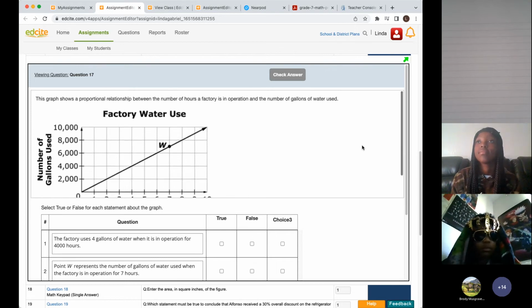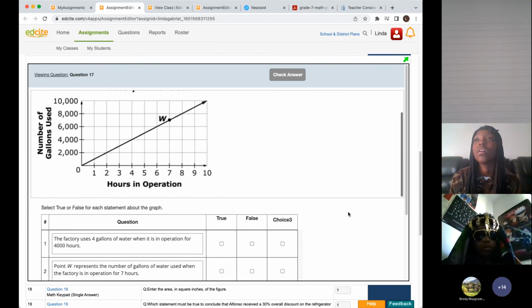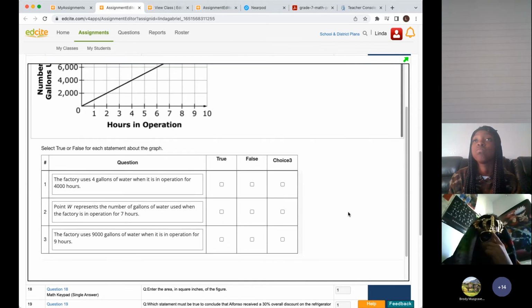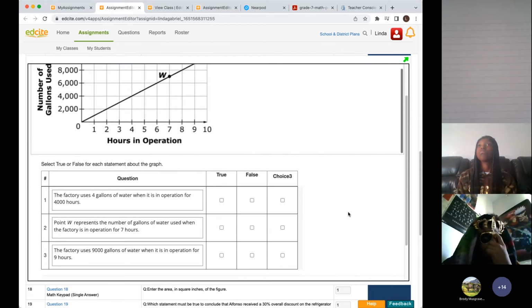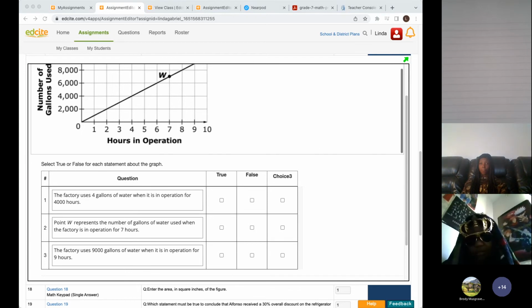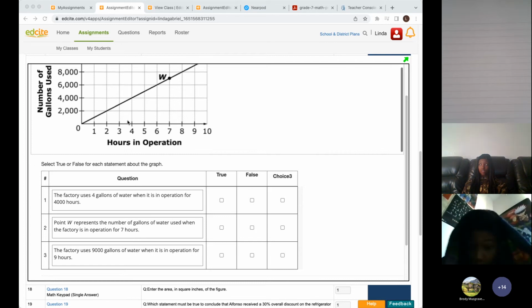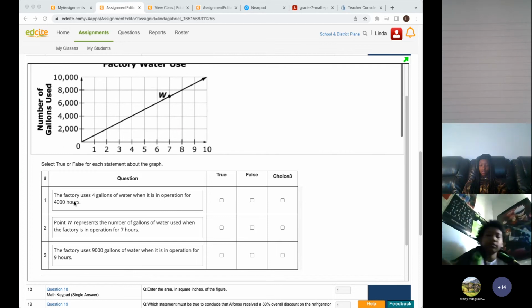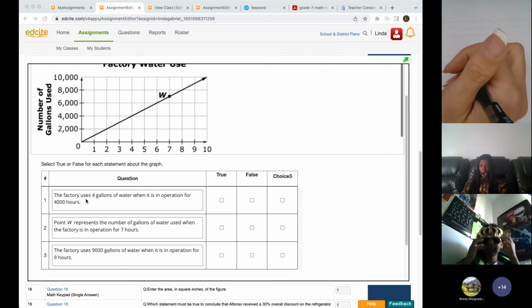All right, so I have select true or false for each statement about the graph. Let's read question number 1. It says the factory uses 4 gallons of water when it's in operation for 4,000 hours.